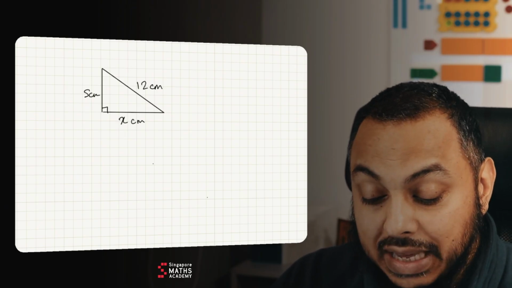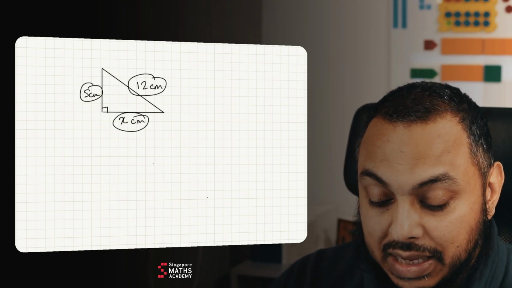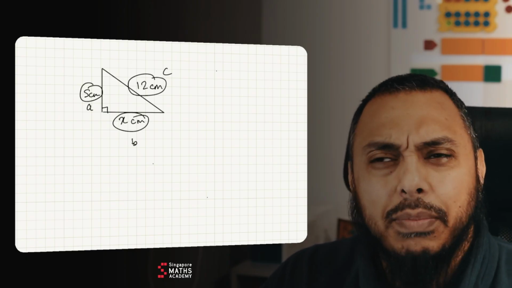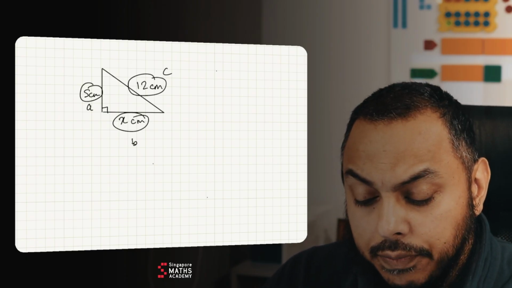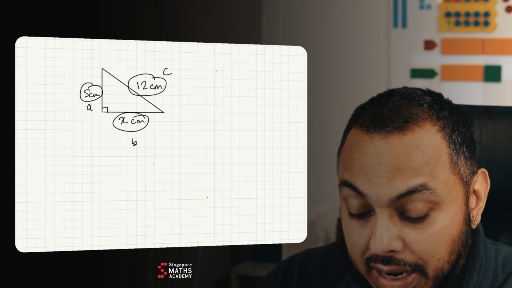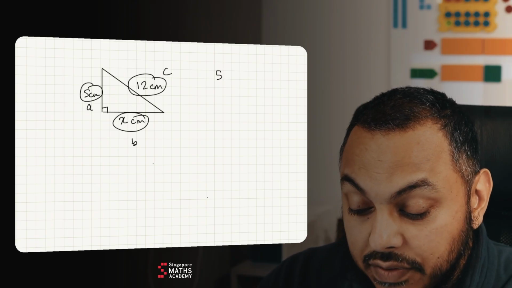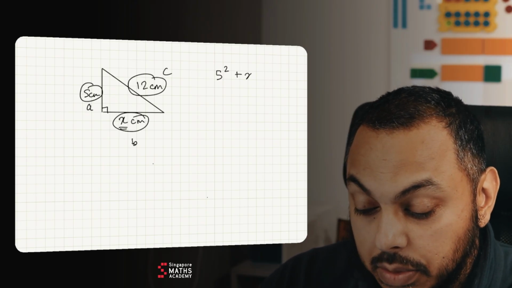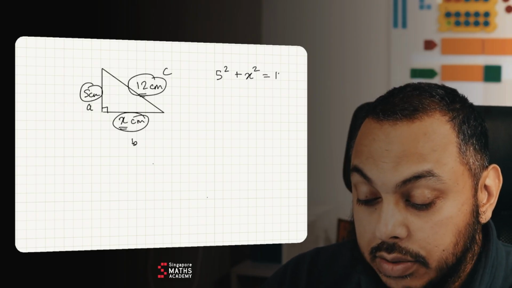So we know Pythagoras theorem says that a squared plus b squared is equal to c squared. In this case, a and b are the smaller sides and c is the longer side, but we don't know what one of the shorter sides is equal to. So I'm going to write that down again. A is 5 centimeters, so 5 squared, add b, which is x, so I'll just write x squared, is equal to 12 squared.